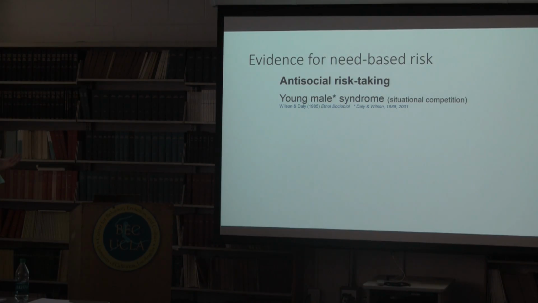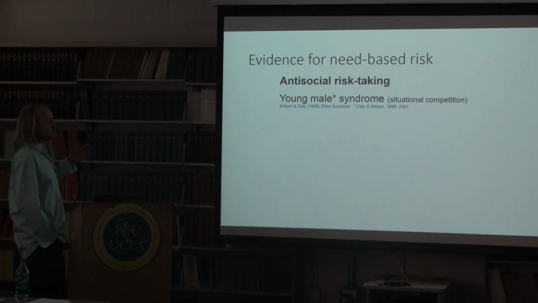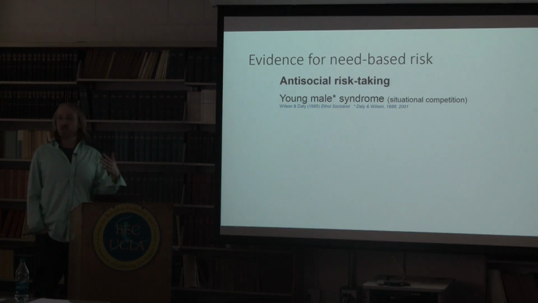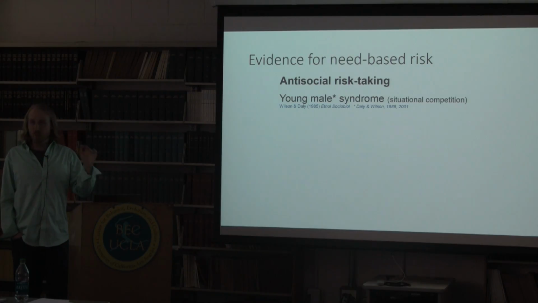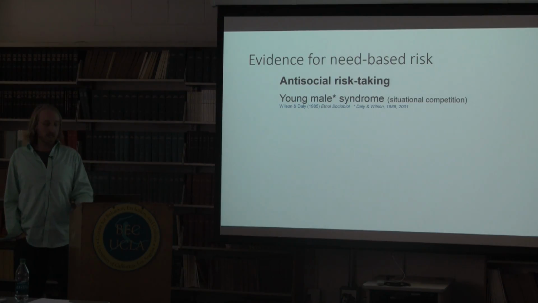Because, for example, older men who are widowed or who are divorced, they kind of snap back to the homicidal levels of their youthful counterparts. Lose your job, lose your wife, these kinds of things tend to lead to reverting back to young male levels of risk-taking. But all of this very much seems like situational competition, typically concentrated in youth, but possible at later life stages.